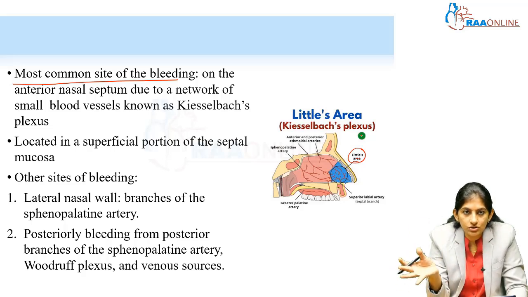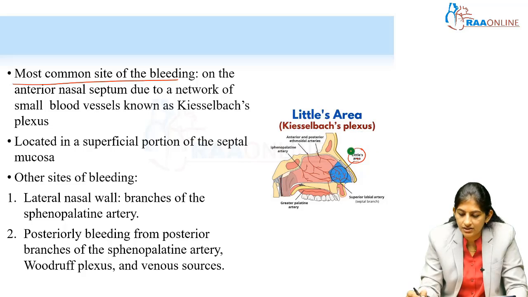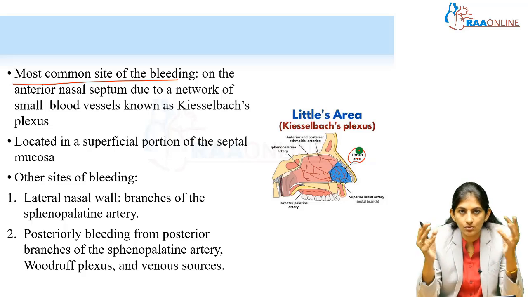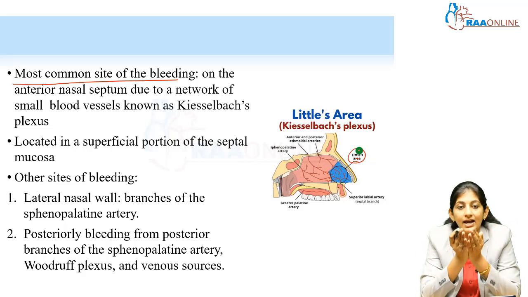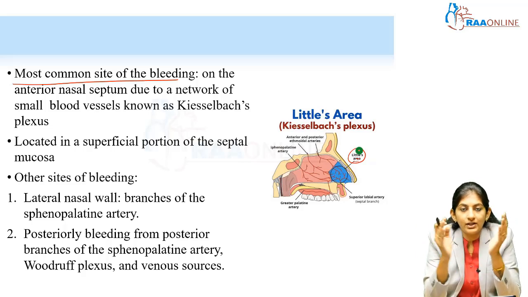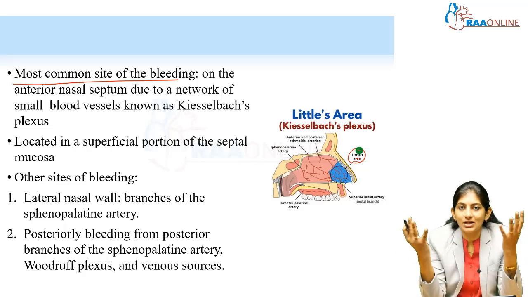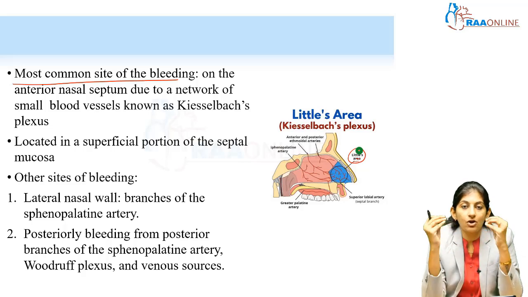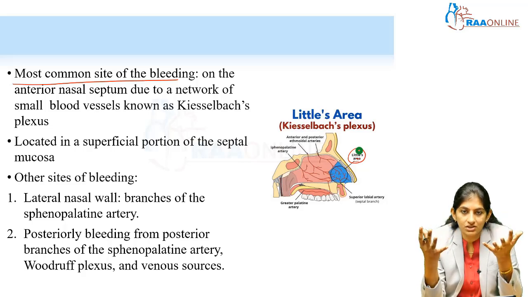Why is it the most common site of bleeding? Because this is the area where we have a network of blood vessels. All the small blood vessels form a network here, and when the atmospheric conditions become very dry, there is lack of humidification. So this area becomes desiccated and the blood vessels, which are already superficial, get exposed.